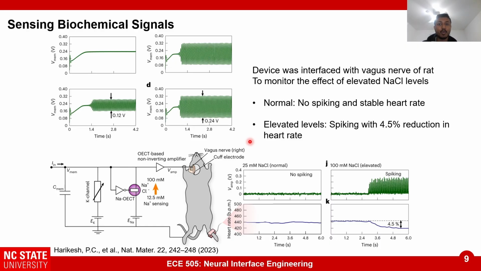So this kind of polymers, which can operate in environments which are physiologically relevant and can also sense and stimulate by interfacing with real neurons, this field is what is called bioelectronics. And neuromorphic devices, so the device here is not only capable of helping to mimic the neuron, it can also interface with the living tissue, where it can sense and also stimulate at the same time.